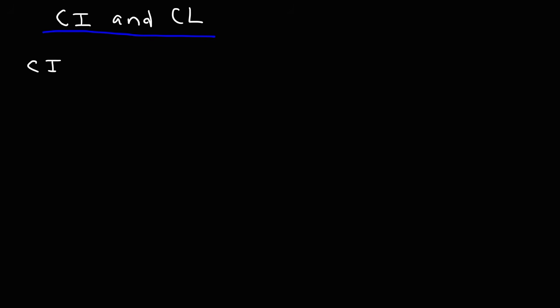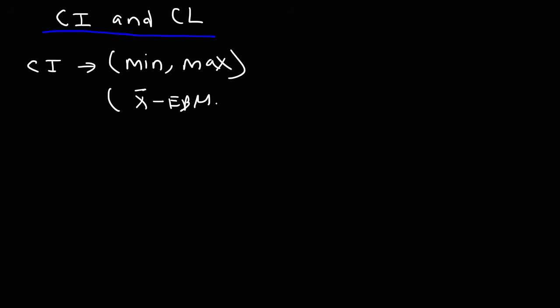So as we said before, the confidence interval varies between a minimum value and a maximum value in which we expect the mean to be located. It's the sample mean minus the margin of error to the sample mean plus the margin of error. So that is the confidence interval.